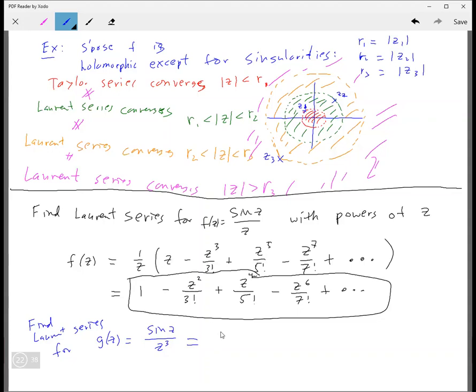So the leadoff term will be 1 over z squared. This will be just 1 over 3 factorial. And this one will be z squared over 5 factorial. And this will be z to the 4th over 7 factorial. Okay?